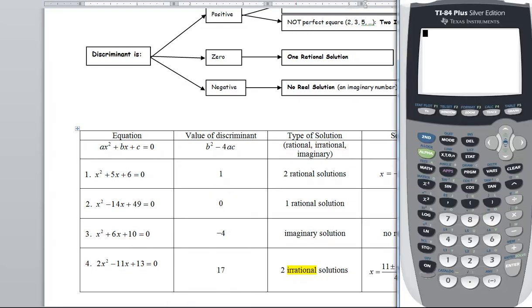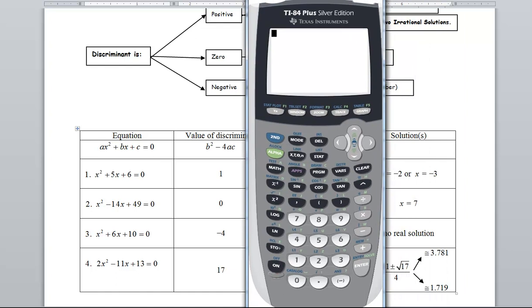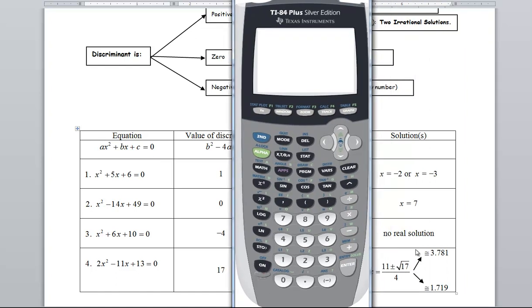So let's see if I can go and get my approximations. Because this is a binomial, I need parentheses. So I've got 11. I do the plus route, the upper route. Square root 17.